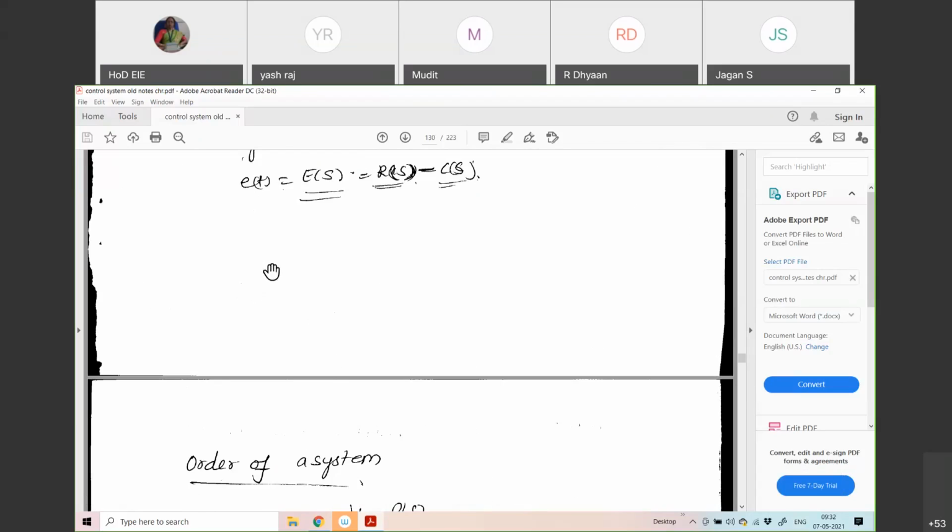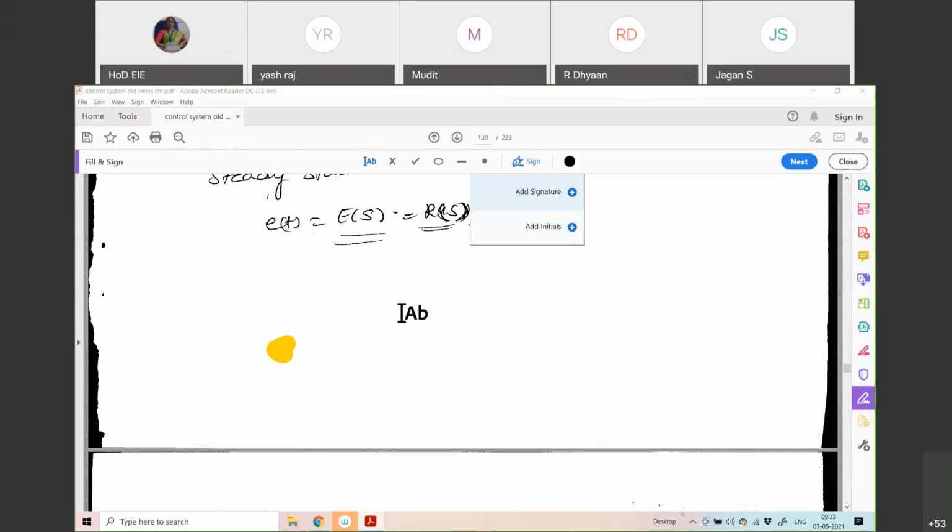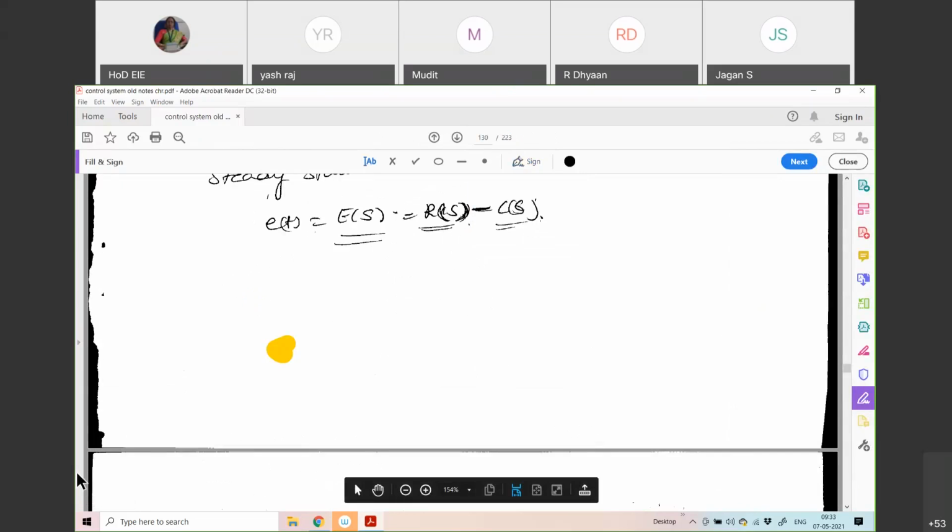One is the steady state response, and the other is the transient response.